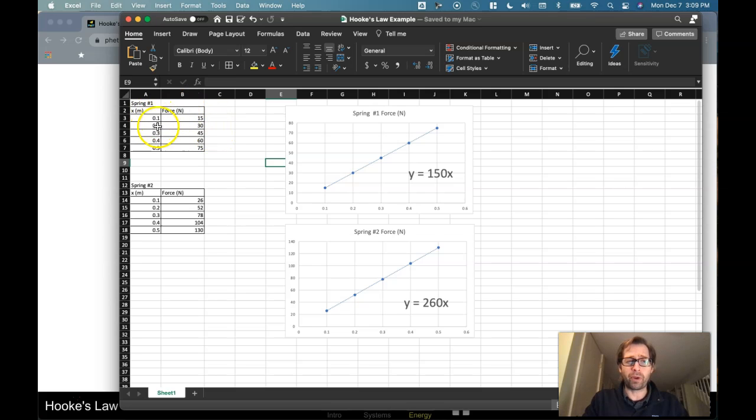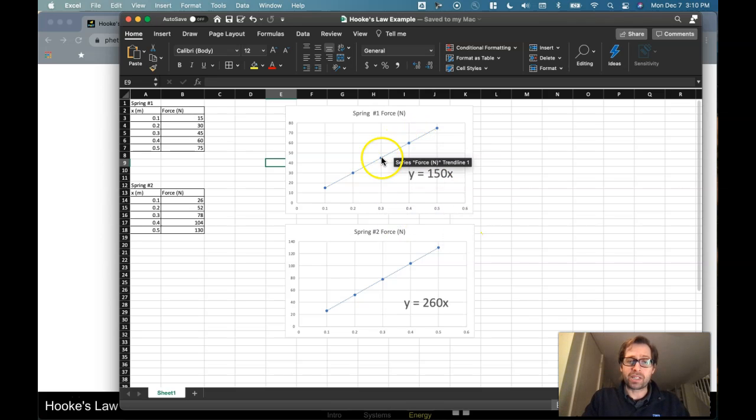For each point stretched, this is the force for spring 1, and this is the force for spring 2. After I plotted these, I added a trend line, and you can see that this trend line definitely shows a linear relationship. As the stretch is increased, the force increases, and it does so by the same amount every time. So it's a very linear relationship, a linear fit.